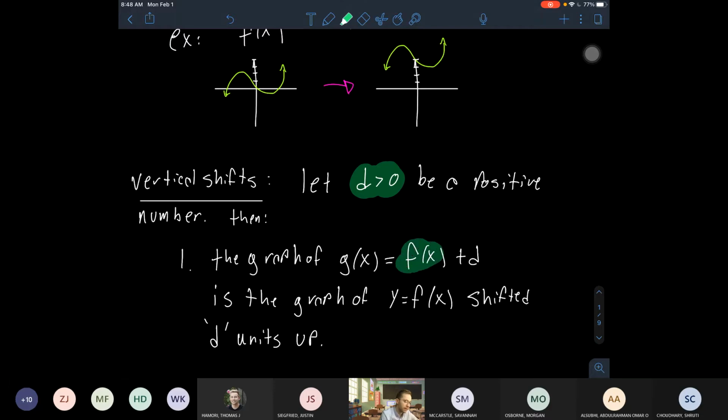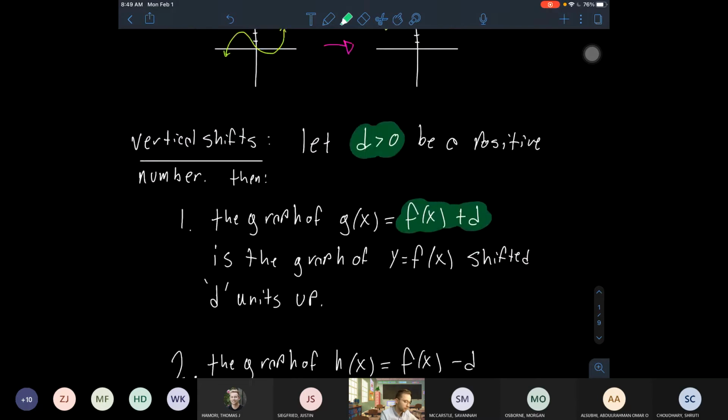So if we take f of x and we add a positive number, we're going to get the graph of the original function shifted up by d units. That's what this statement says. As long as d is positive and we add it to f of x, that means we move up by d units.